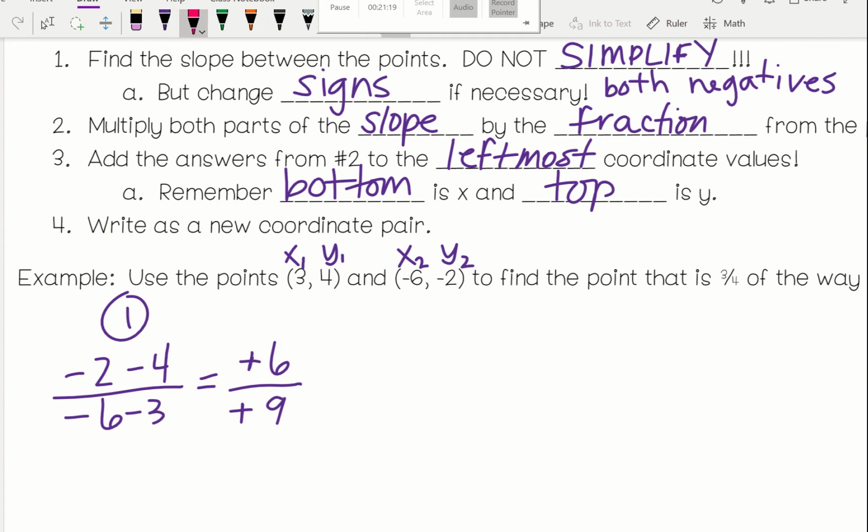Second step. What's my second step? What's the fraction in this problem? So I'm going to multiply 6 by 3/4. I'm going to multiply 9 by 3/4.